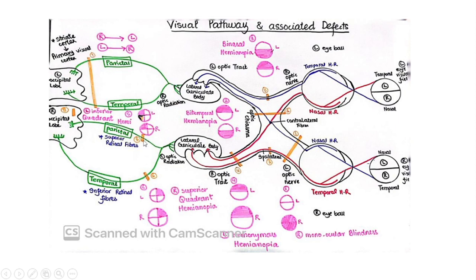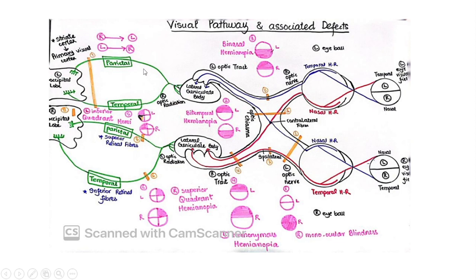Okay, that was the right-sided superior retinal fiber damage. If we talk about the left-sided superior retinal fibers damage here, as this is the left side, the lesion will be on the right side, here and here. This is the right component, this is the right component, and as these are the superior fibers, the damage will be in the inferior quadrant.